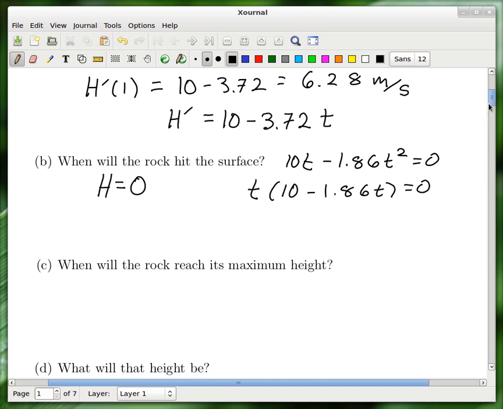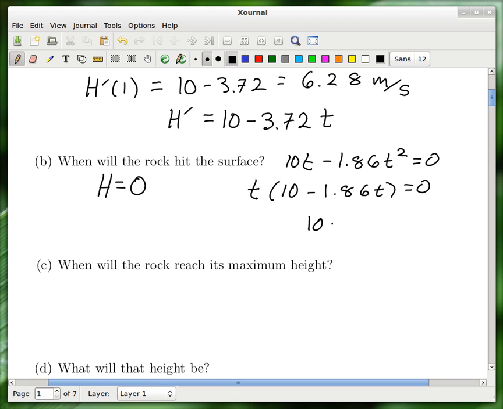And so this t is telling you that 0 is a solution. So we know that at time 0 the rock is in our hand, which I guess we're imagining is height 0. And then this other factored part is saying at what time it's going to land. So you can solve that separately.